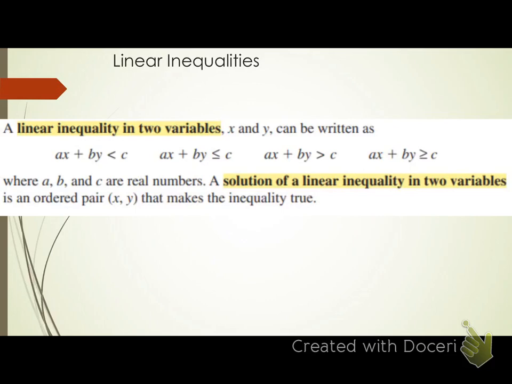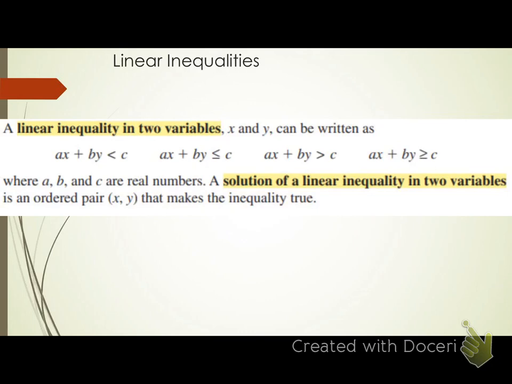Very similarly to a solution of an equation, a solution of a linear inequality in two variables is an ordered pair that makes the inequality true. So, for an ordered pair to be a solution of my inequality, I have to be able to plug it in for x and y, and it comes out as a true statement.